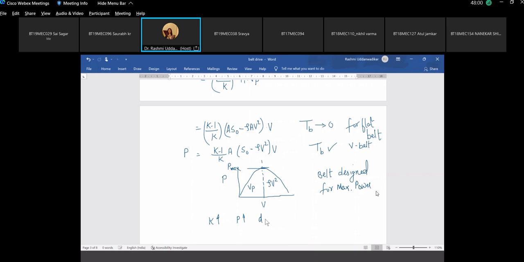Increase in value of K will depend upon what is the value of mu. Since K is e raised to mu theta, with the increase in mu, the value of power will also increase.